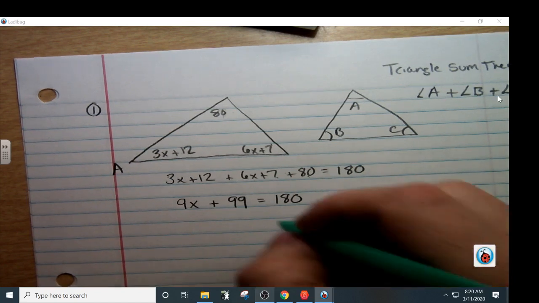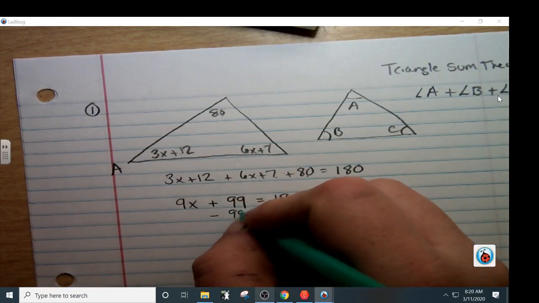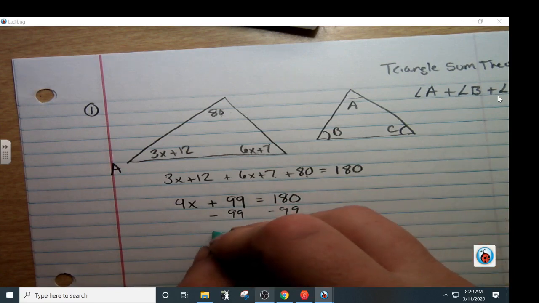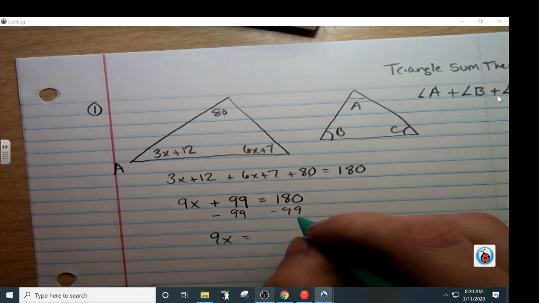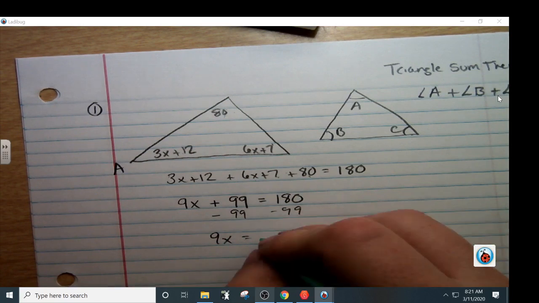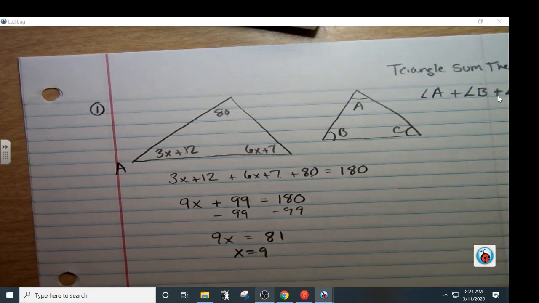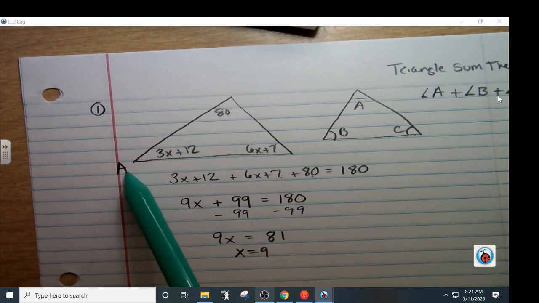All right. Then you're going to get x by itself. Now, guys, what it wants to do is find the measure of angle A. So angle A is here.